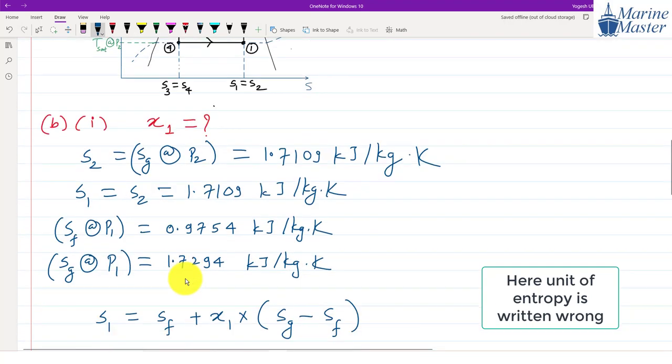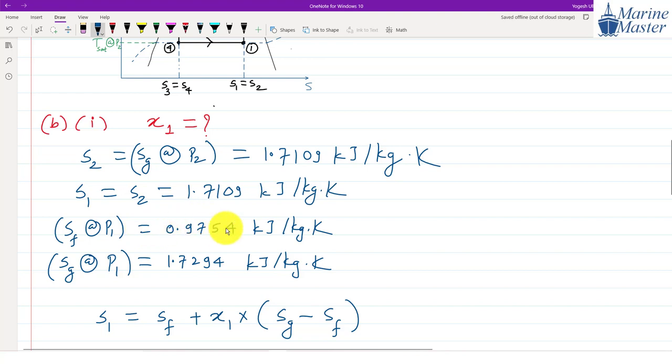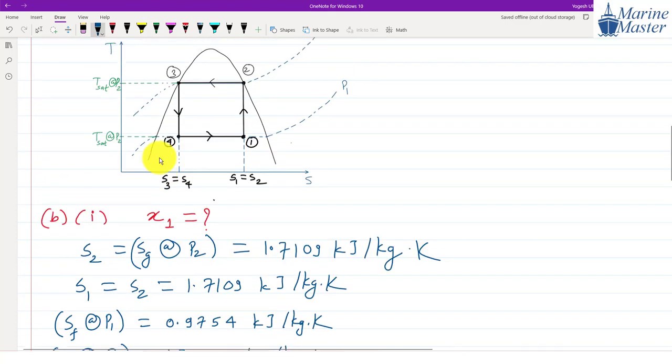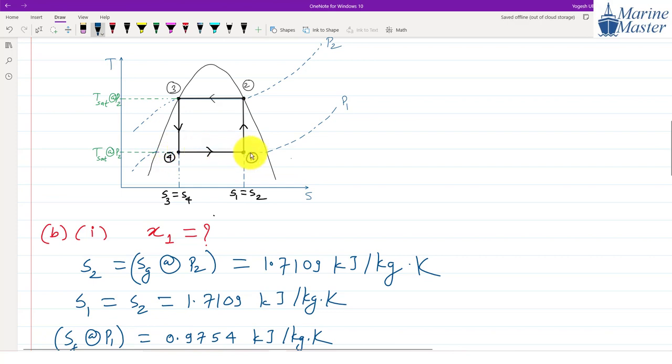It is P1. And SF and SG at P1 pressure, we have already got from the property table. SF at P1 is 0.9754 and SG at P1 is 1.7294. We are going to use the same values because point 4 is on the P1 pressure line, guys.